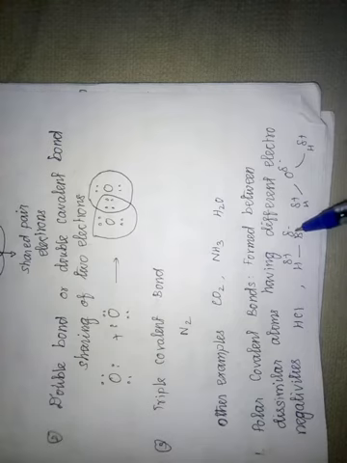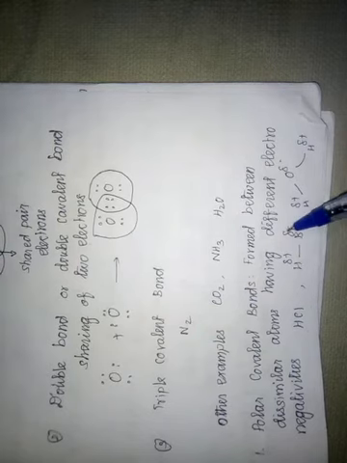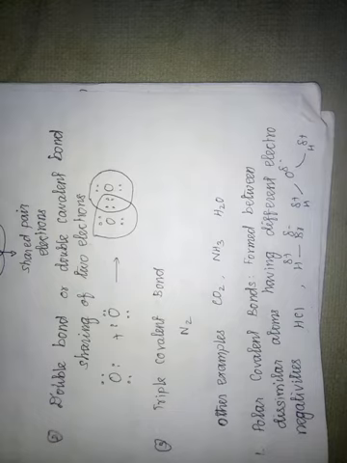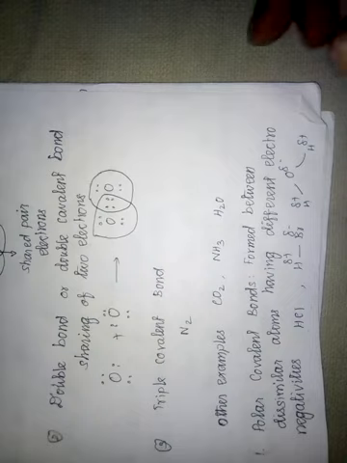So they have partial charges, delta minus and delta plus. As there is a partial polarity, H delta plus and Cl delta minus. Likewise, in a water molecule, each hydrogen is partially positively charged and oxygen is partially negatively charged. So these kinds of bonds are polar covalent bonds.